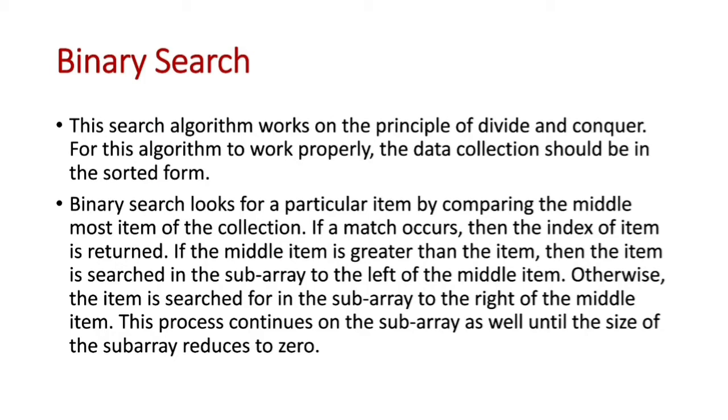Otherwise, because the list is sorted, the comparison tells us whether the item will be on the left-hand side or the right-hand side of the middle element. Depending upon the situation, we discard half of the list and search either in the left portion or in the right side portion, right? And this process continues on the sublist or the subarray until we find the element or the subsize reduces to 0.